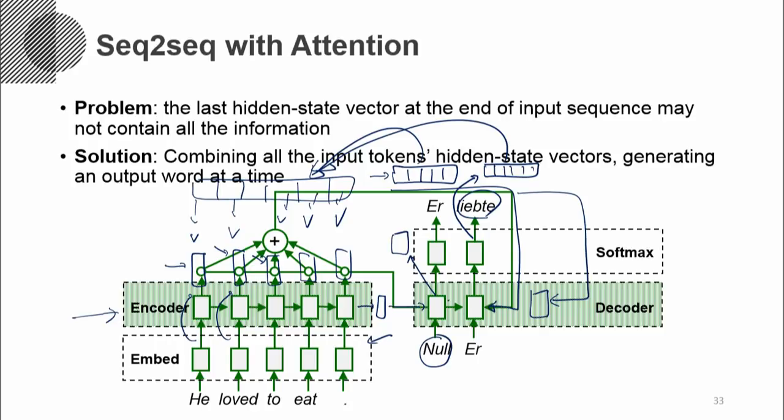That way we can generate those machine translation outputs word by word by assigning different attention weight vectors to these encoding hidden state vectors.